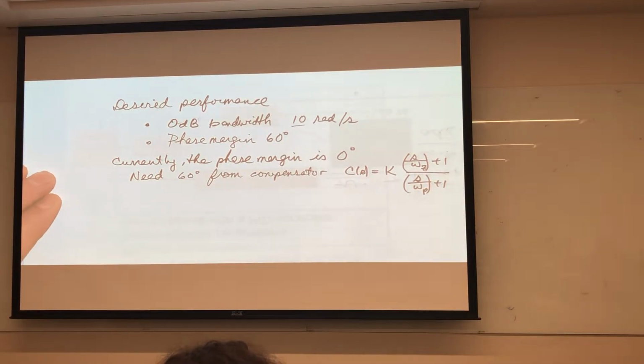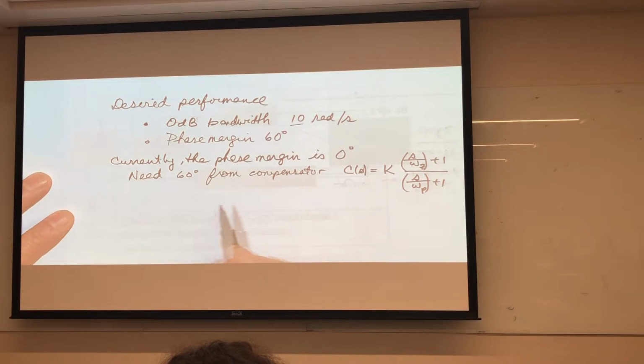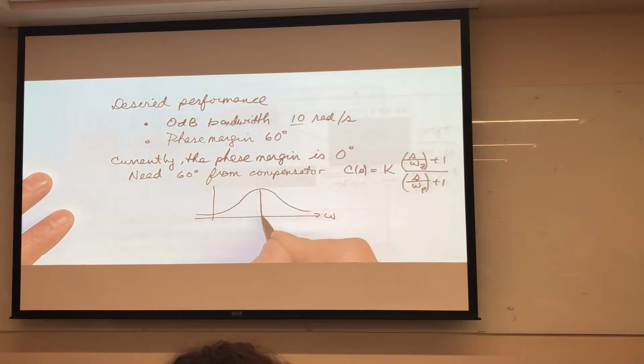Okay. So the phase characteristic of my compensator, this is omega. The phase is going to look like this, and what I want is 60 degrees.